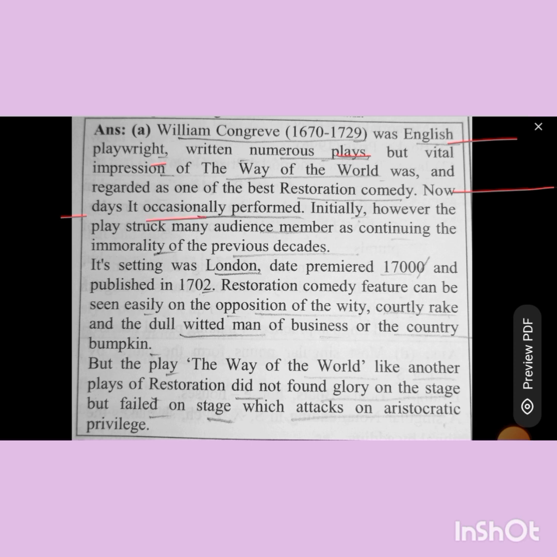Nowadays it is only occasionally performed. Initially, however, the play struck many audience members as continuing the immorality of the previous decades. Its setting was London. Date premiered: 1700, and published in 1702.